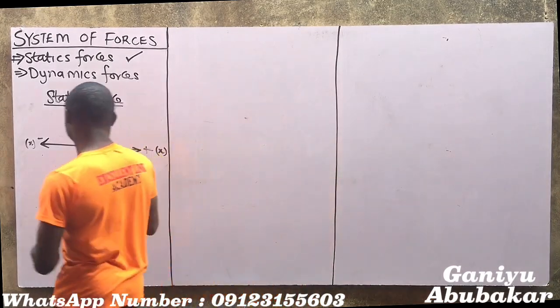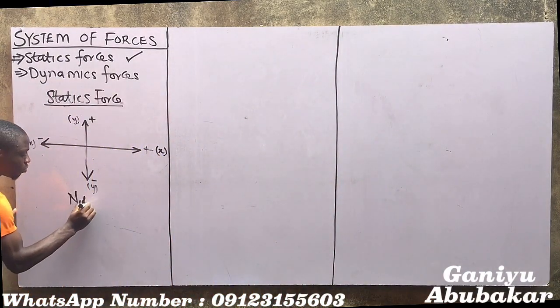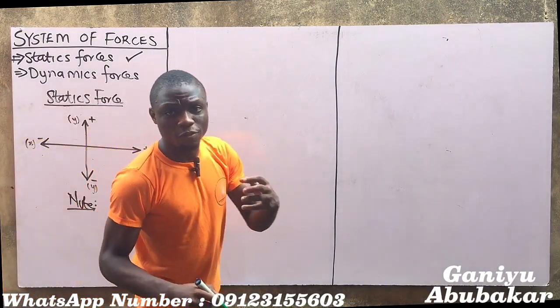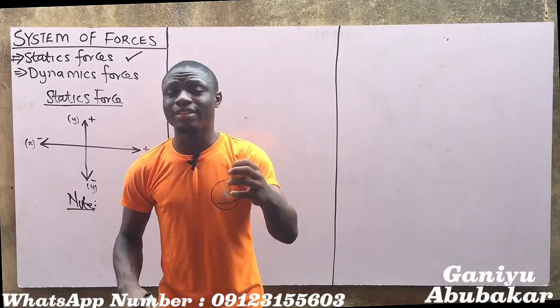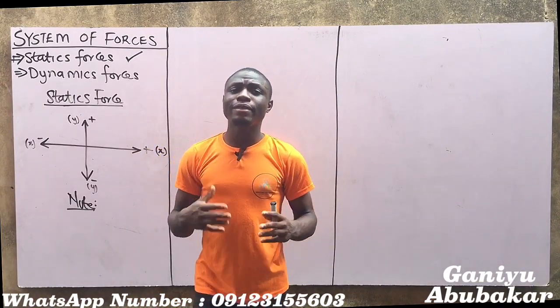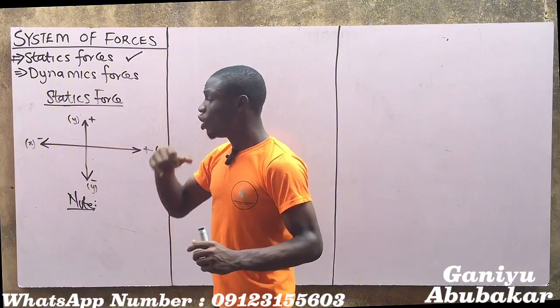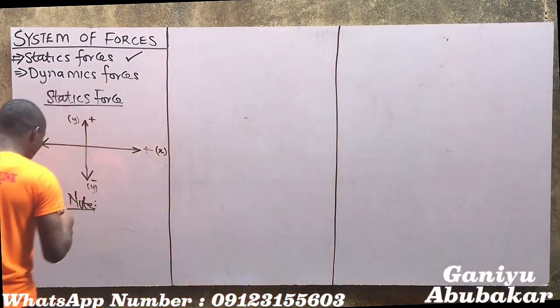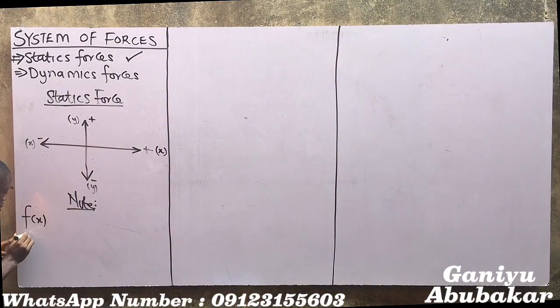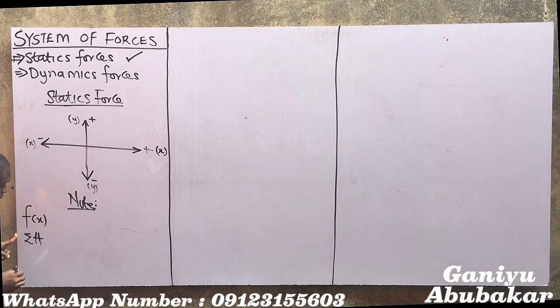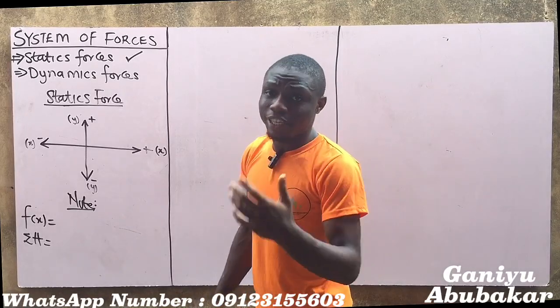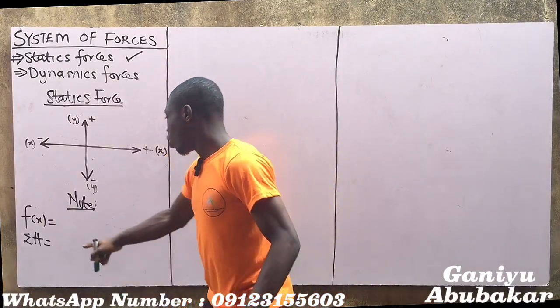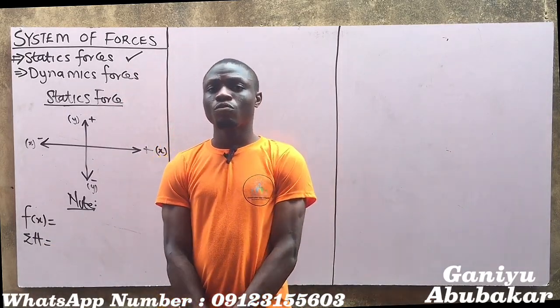Note the following. Number one: any force acting parallel to the horizontal axis, along the x-axis, is called F of x, or summation of horizontal components.